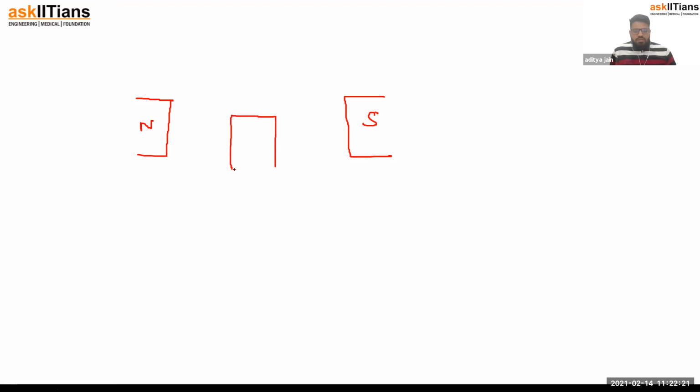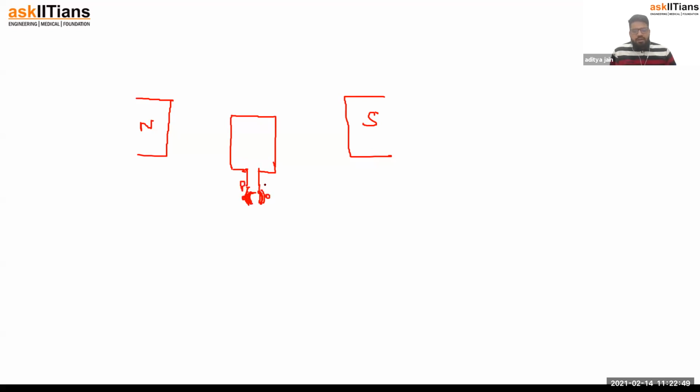Here two split rings are present like this. These are known as split rings, which are connected to brushes known as carbon brushes.